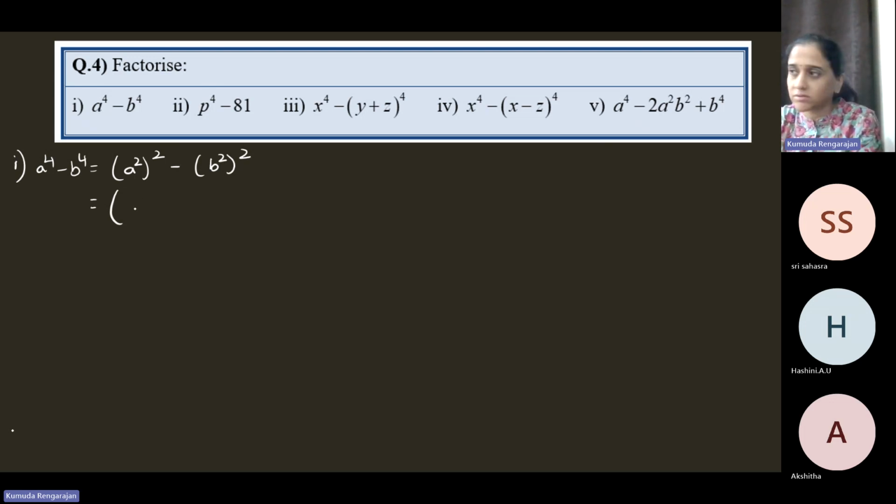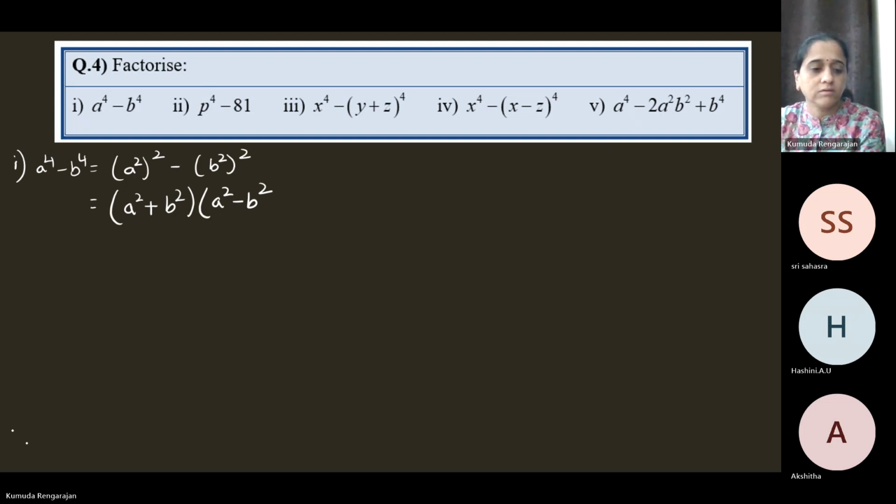So what is x squared plus y squared, a squared plus b squared, into x minus y. Now further, a squared minus b squared is a plus b into a minus b. This a squared plus b squared stays as it is.